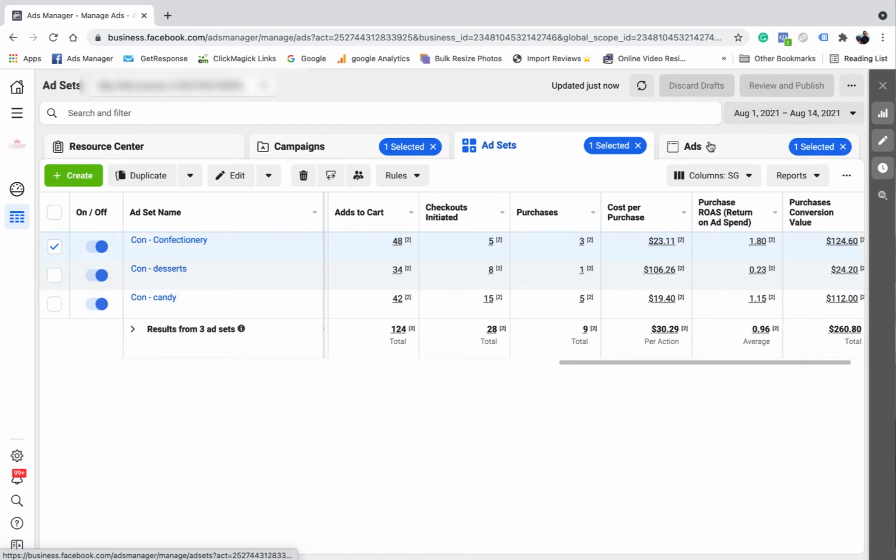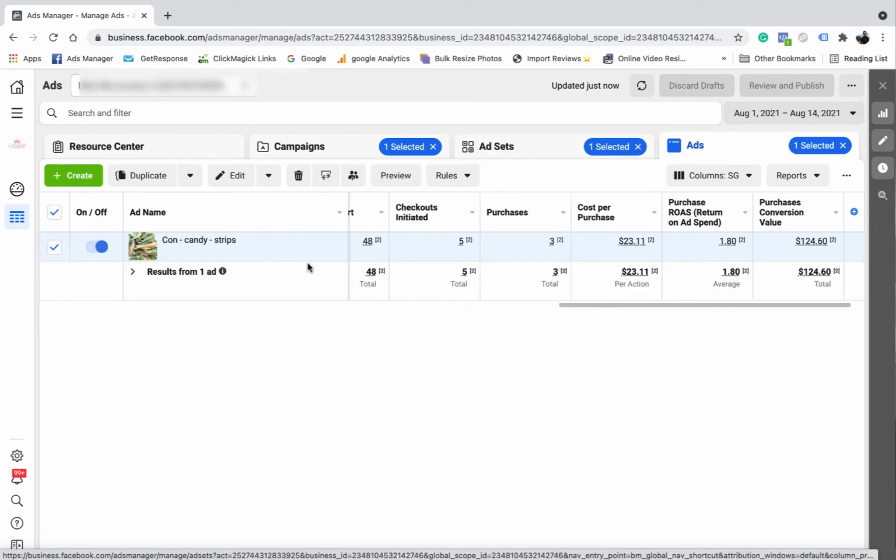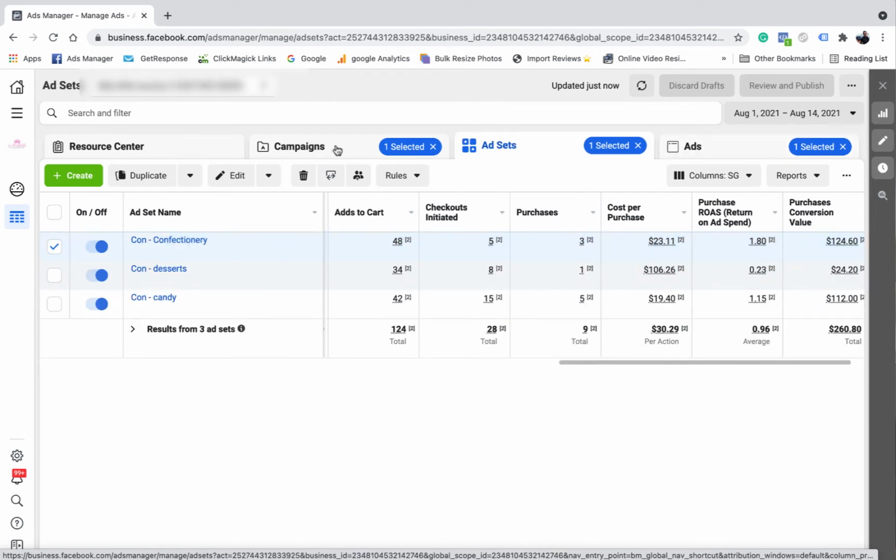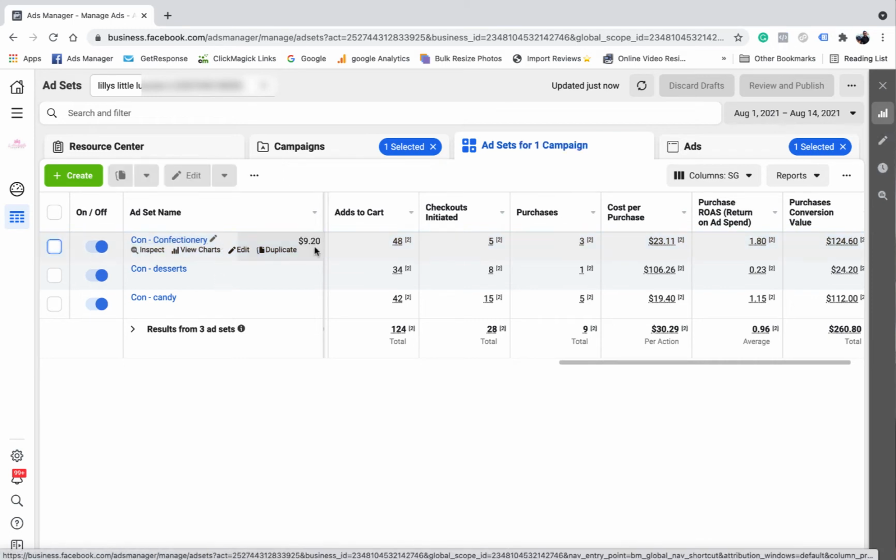But if I had 3 ads inside that ad set, each ad would only be getting like $2 something a day. You just don't want to do that. If you're only spending $15 a day, have only 3 versions. So have 3 ad sets, or if you've only got 1 ad set, have 3 ads. Hopefully that makes sense. As you can see, I've just come down here and changed the interest.